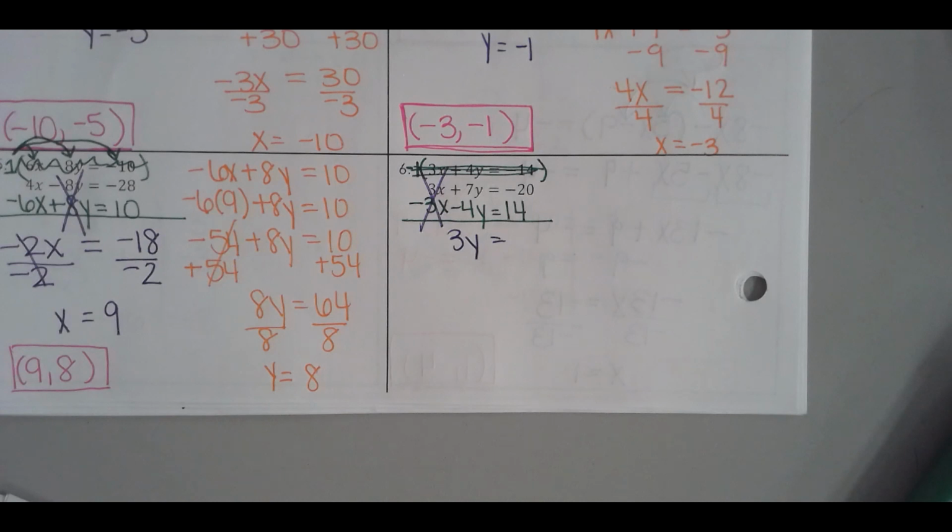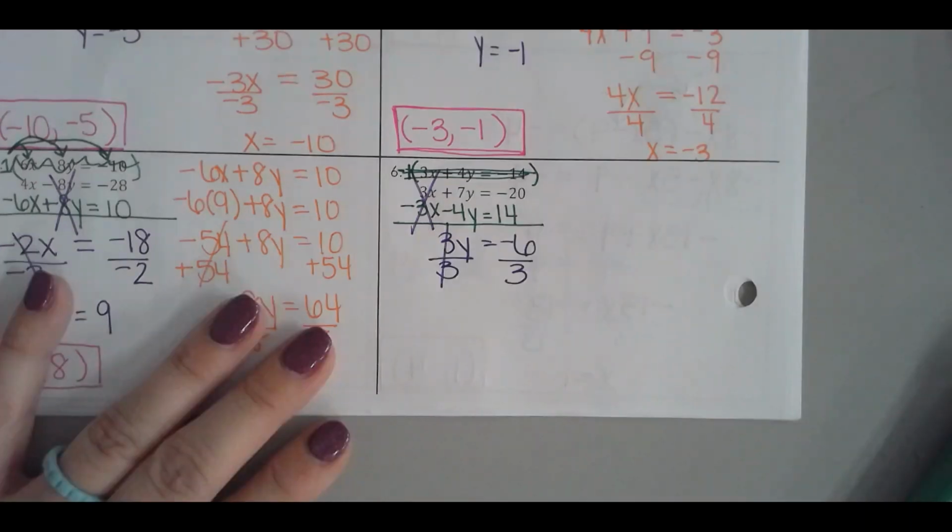Good. And then what's my next step going to be? Anybody? Divide by 3. So negative 6 divided by 3, Katie Lynn, is what? 2y equals negative 2.